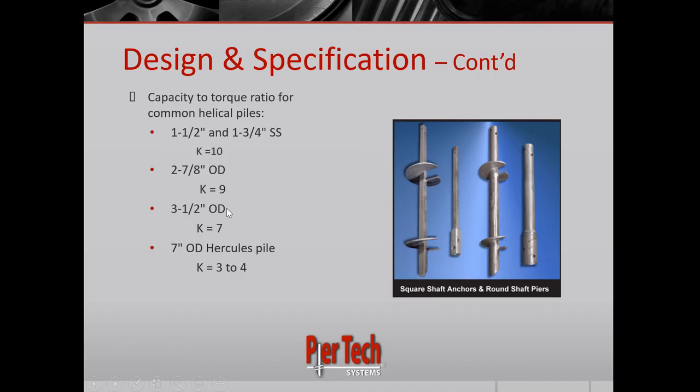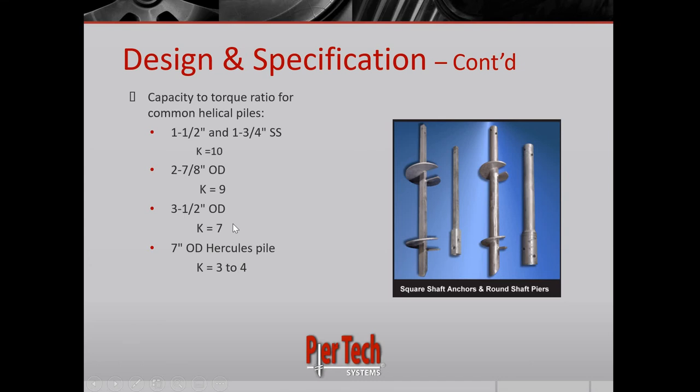And then you go down to the 3.5, the K factor gets down to 7. So for every 1,000 foot-pounds of torque, you have 7,000 pounds of ultimate capacity. As you notice here, as the shaft diameter gets bigger, the K factor goes down.